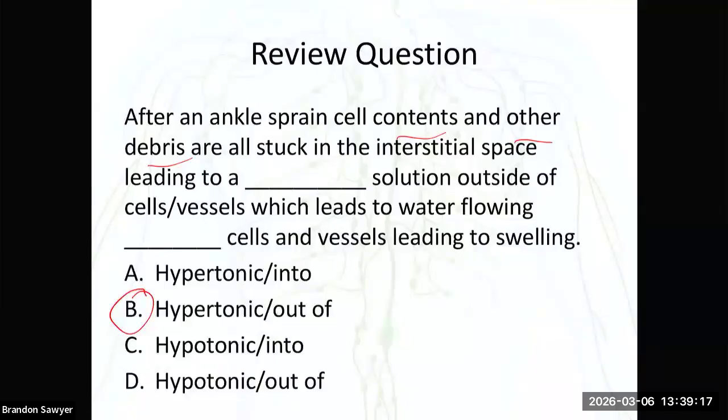When it draws water towards it, it creates swelling. And so the space is going to be hypertonic, and that's going to lead to water flowing out of cells and vessels into that space. So that's B. Questions on that? Okay. Got a couple stragglers.